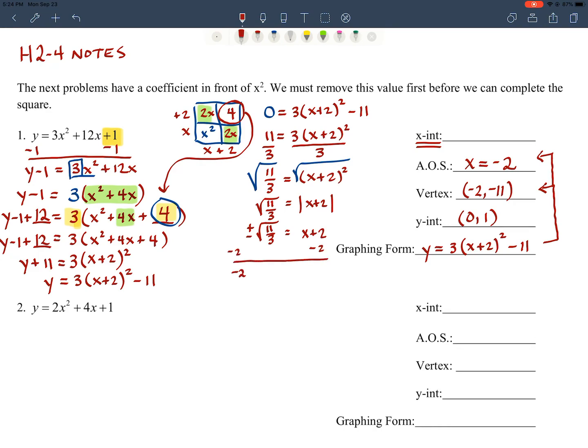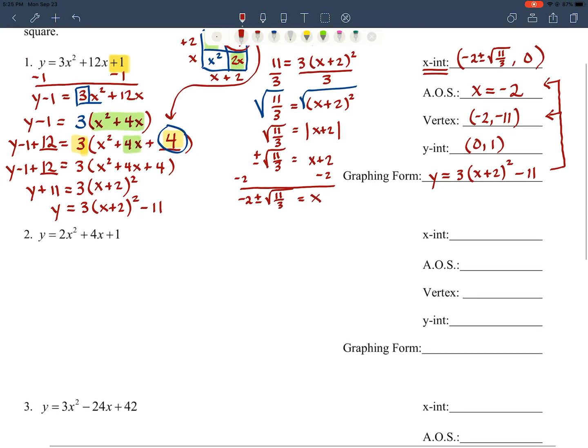And we have negative 2 plus or minus the square root of 11/3 is equal to x. Like I said, not very clean and pretty. That's okay. And those are the answers.